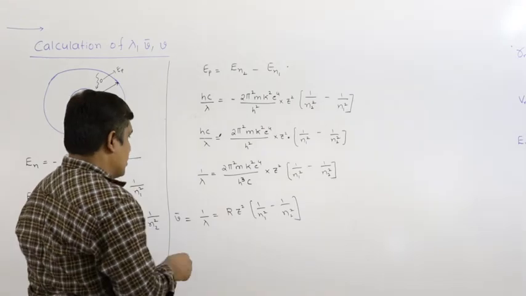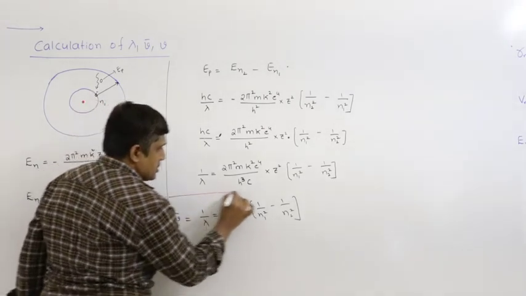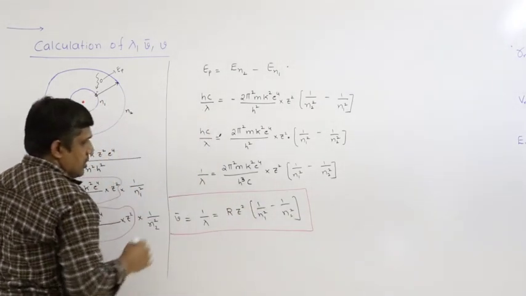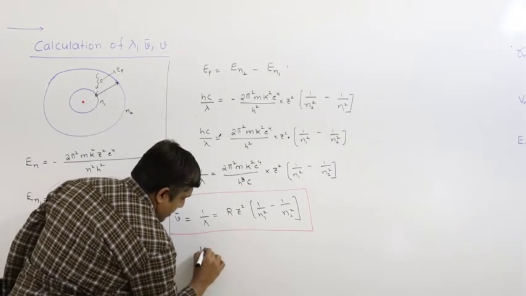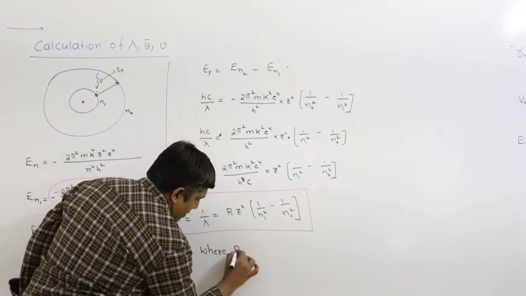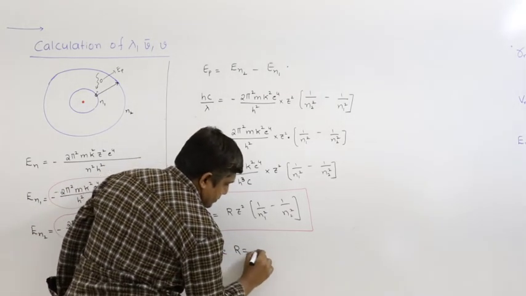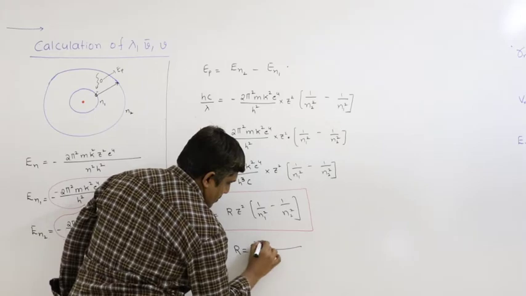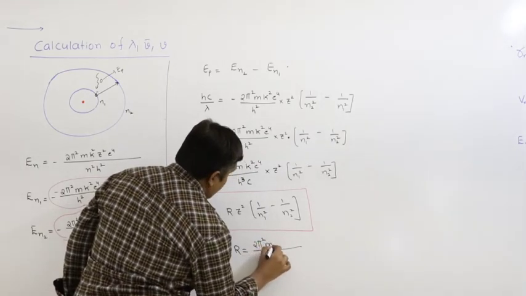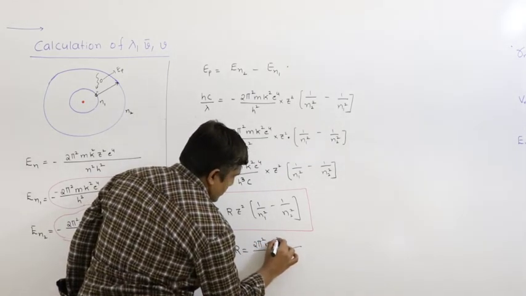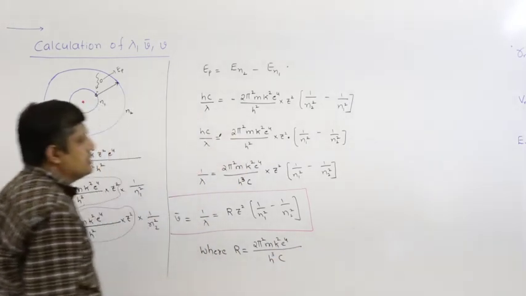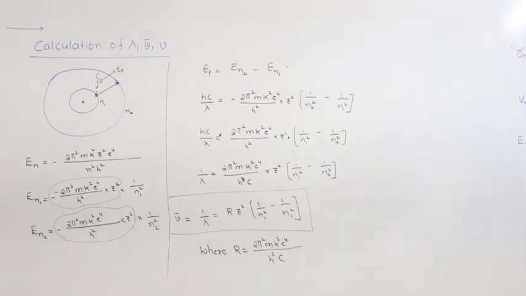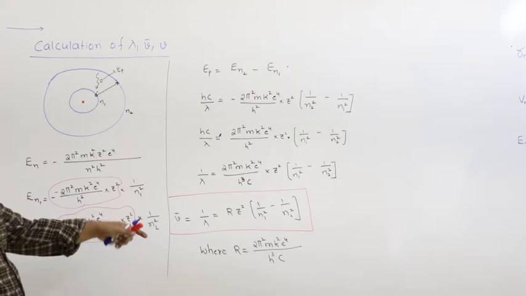This is the equation I am talking about, where R is the Rydberg constant, equal to 2π²mk²e⁴/h³c. So this is the equation to calculate the wave number as well as 1 by lambda.